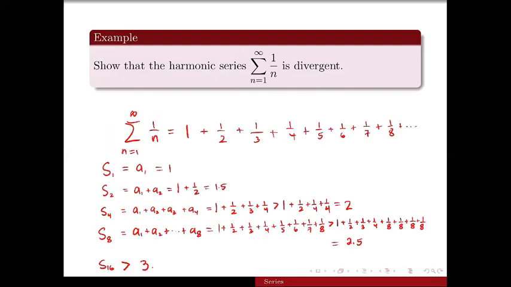There was a correction there. Nice spot. We replace this guy here. Okay? We replace this guy here by 1/4. Well, 1/3 is greater than 1/4. So we replace this by 1/4 in order to get 2.5. That is correct. Thank you for that.